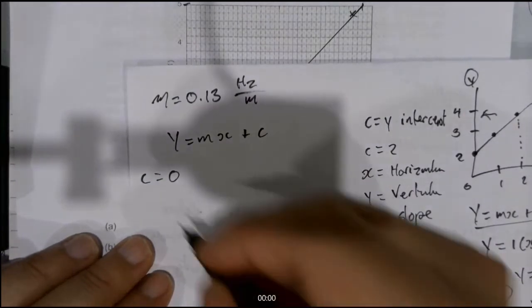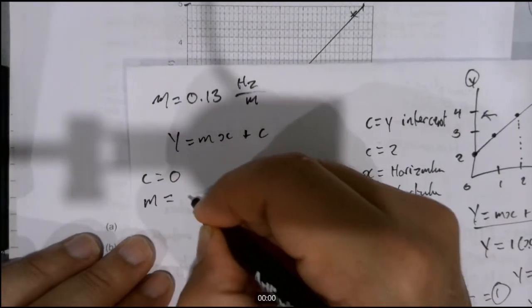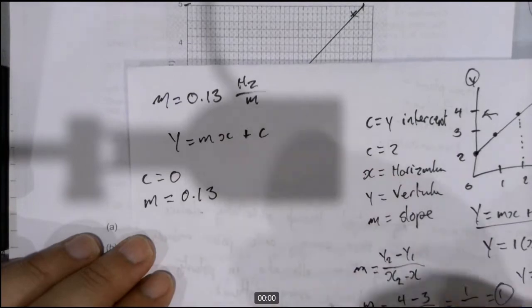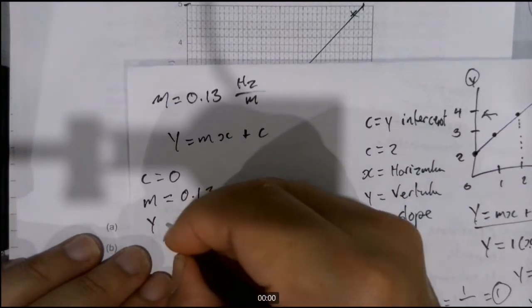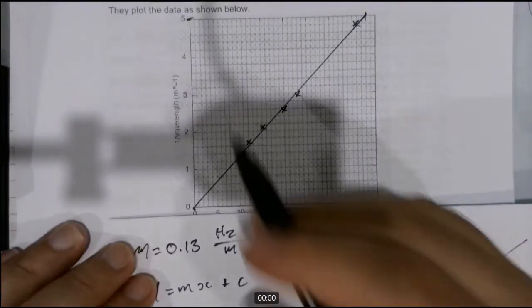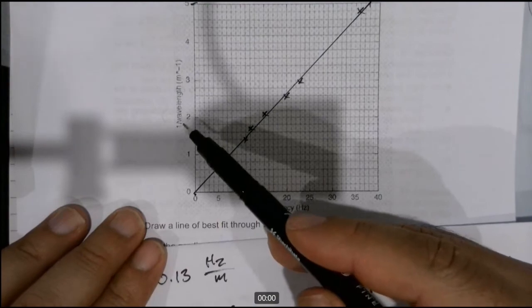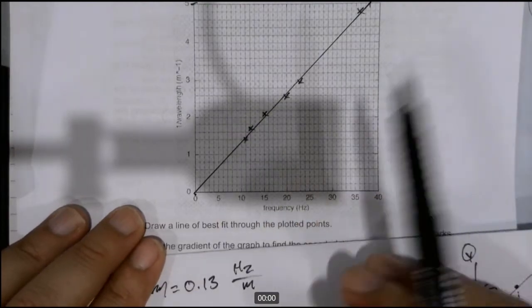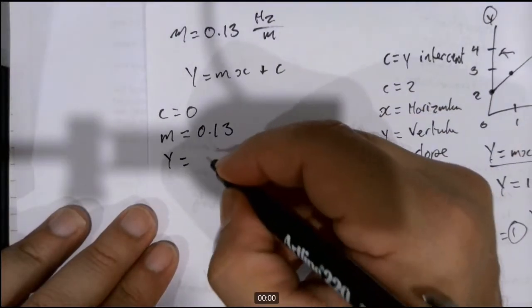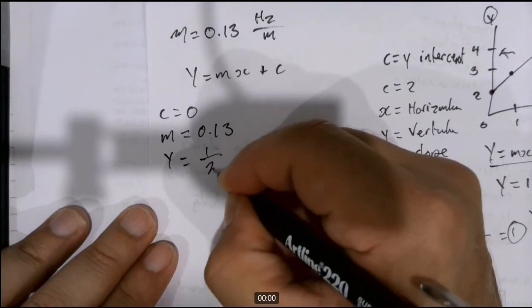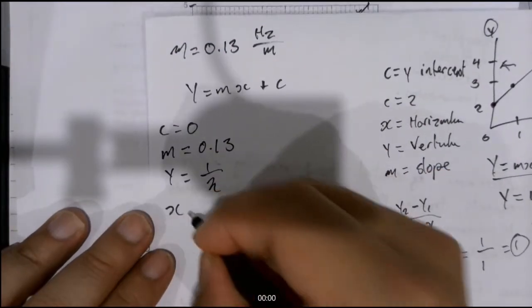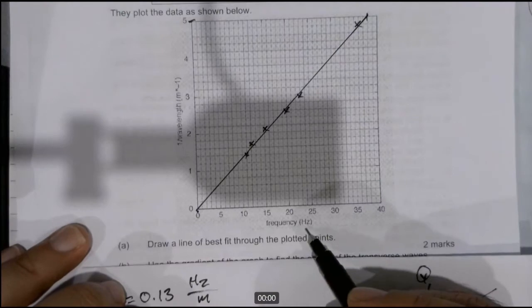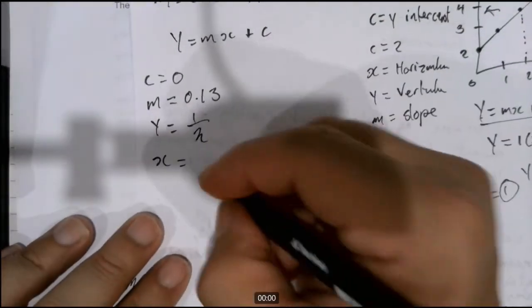We got that. m is equal to 0.13. Now what's y? y is 1 over wavelength. So that's interesting. And what's x? x is equal to frequency.